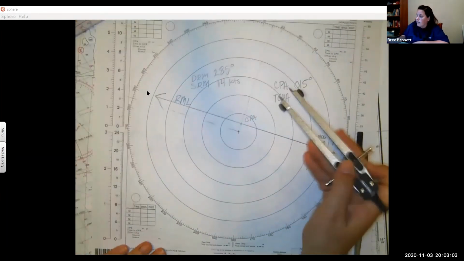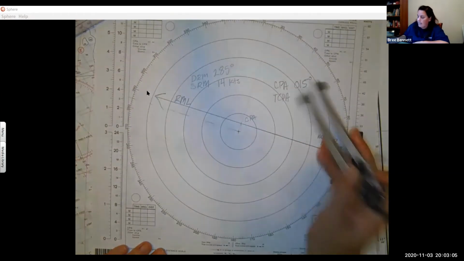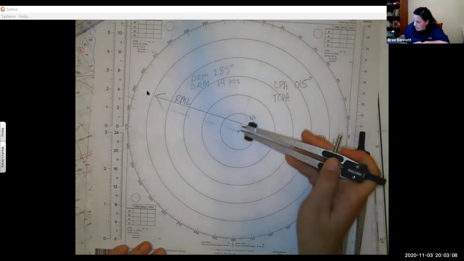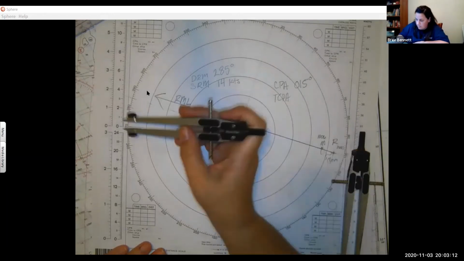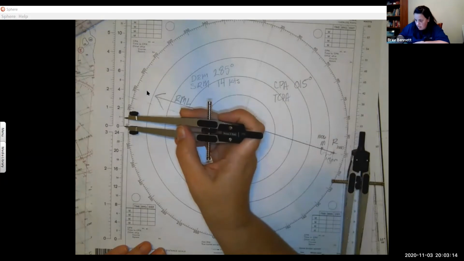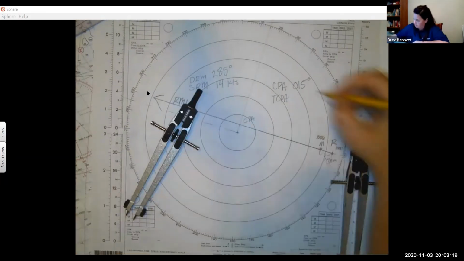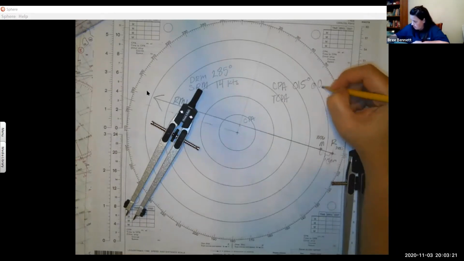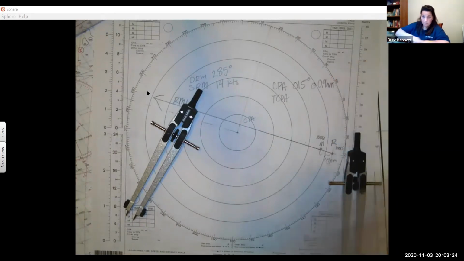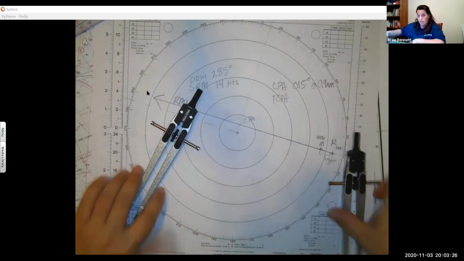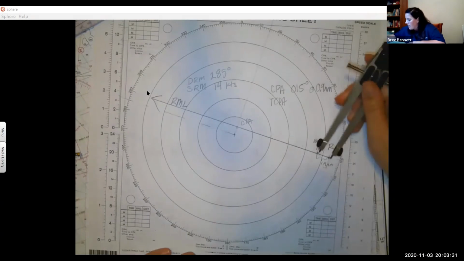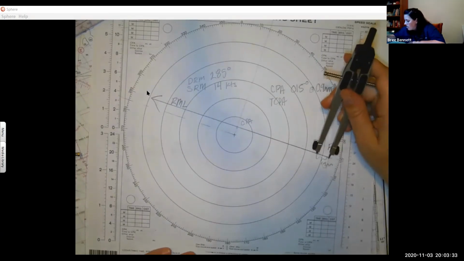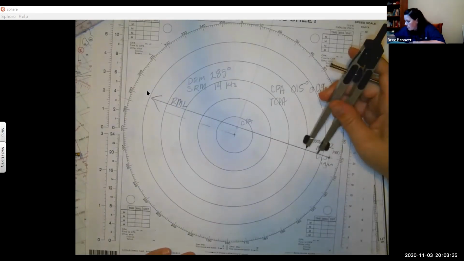The distance from me to my closest point of approach is 0.9. So 0.9 nautical miles is my CPA.